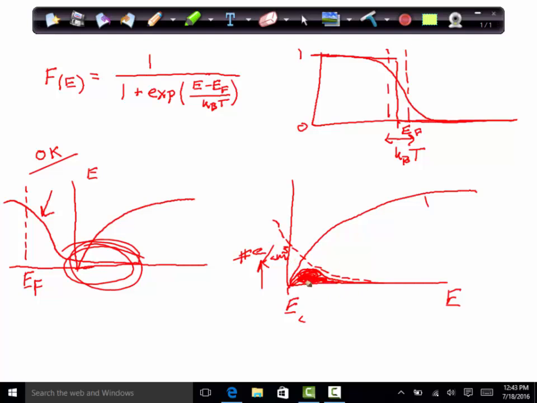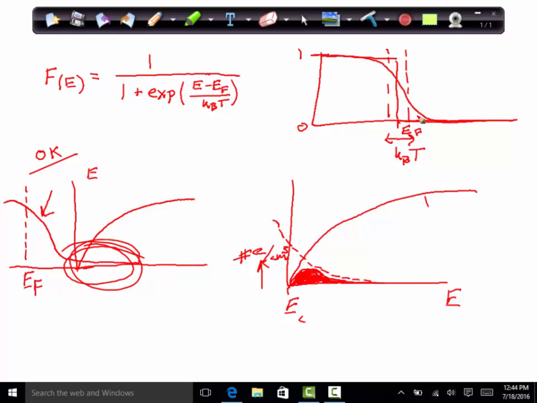Right at the band edge there's not many electrons because there's not many states. It rises to a maximum probability of where most of the electrons will be in terms of energy, and then it tails off to 0 because of that exponentially decaying probability density from the Fermi-Dirac function.